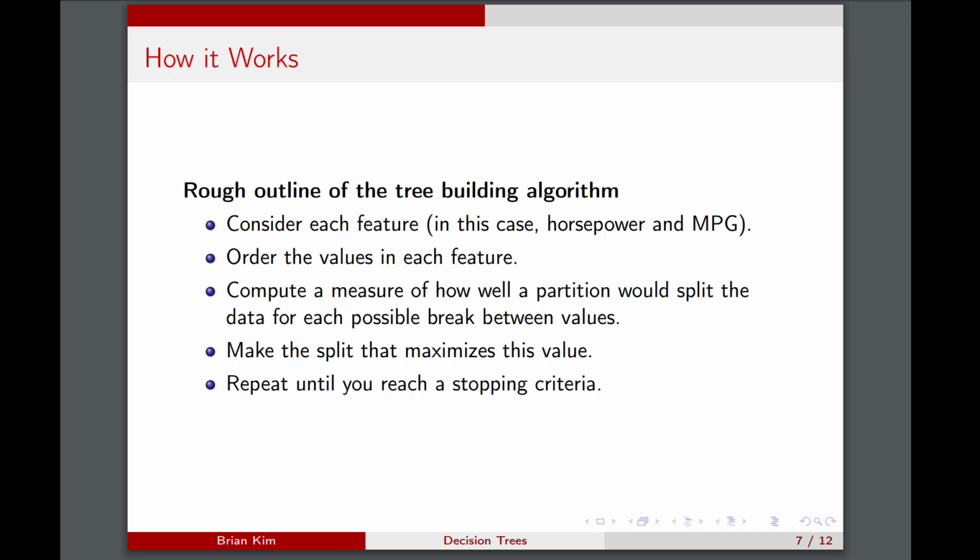There's a measure of how well the split happens according to our label, and then it makes that split. We can keep on doing this with each of the 2 separate partitions that we've gotten. And then we just keep on going until we reach some sort of stopping criteria. Right, so let's look visually at how this works.